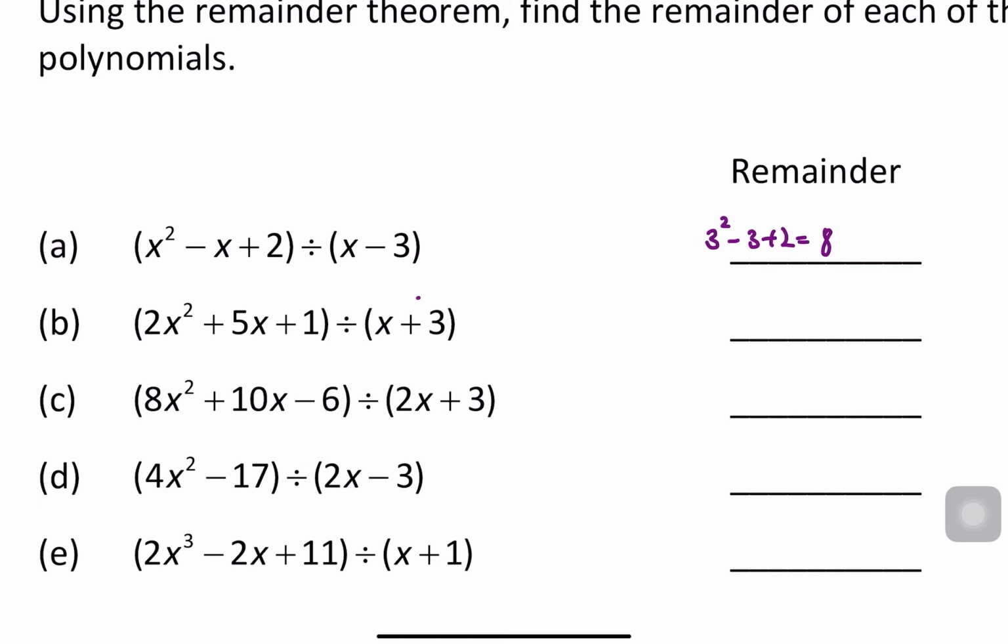Consider what's the value of x such that the divisor is equal to 0, x is equal to -3, so substitute x is -3 into the function. So 9, 27 minus 15 plus 1, so this is 12, which is equal to 13.